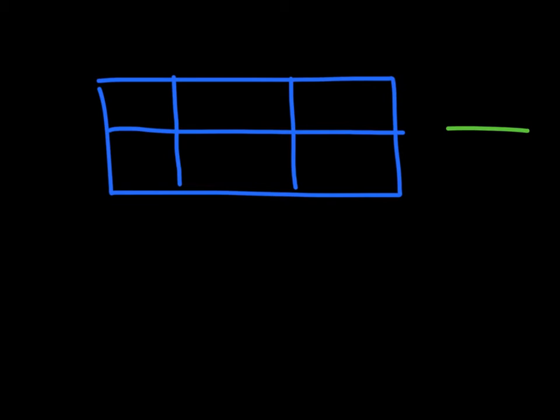I hope you said that it's 6ths, right? There are 6 equal pieces. So what would each piece be? Think about that. If the whole thing is 6ths, what would one piece be? I hope you're thinking that it's 1/6.